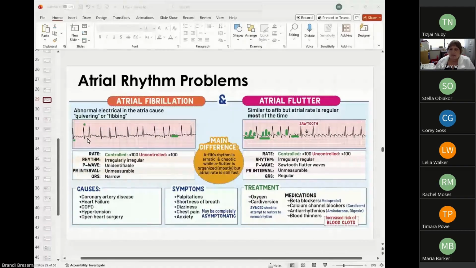If we know how long they've been in atrial fibrillation or atrial flutter, like if we know it's been a very short amount of time since they went in, we will do what's called cardioversion. And what that is, we actually shock the patient.